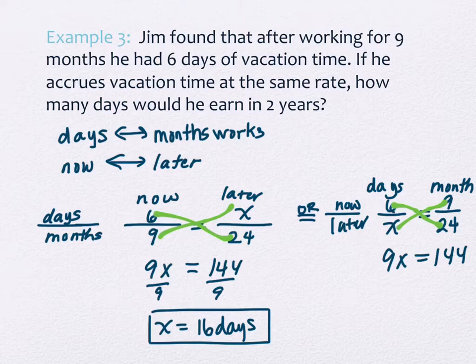We did use months, and we could have done years. If you had really wanted to do years, maybe it would have been convenient in a certain circumstance. We could have taken, instead of doing 24 months, we could have left it at the 2 years, but then we would have had to have our 9 months represented in years. And for this one, that's not very friendly because that's a fractional value, right?